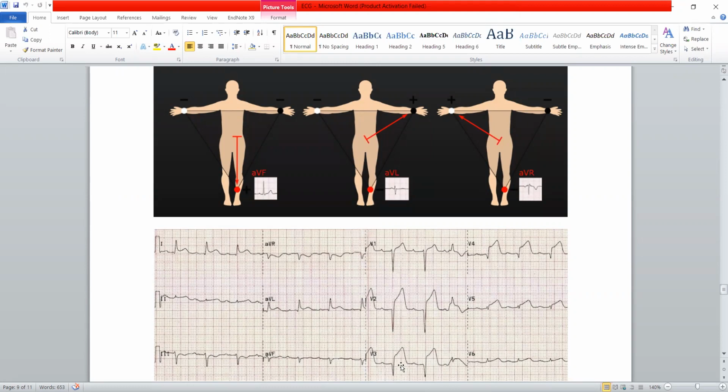This one is also elevated. In V4, it's also elevated. See elevation from this reference line is almost 4 small boxes. This one is also elevated. This one is also elevated. In V5, this is our reference line. ST segment is elevated. Is everyone following me?